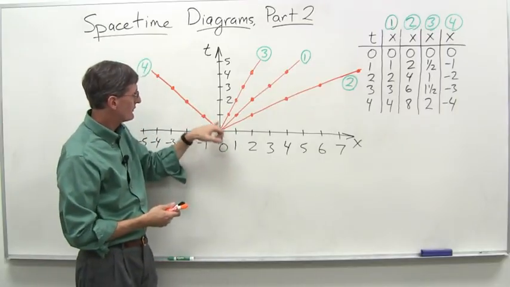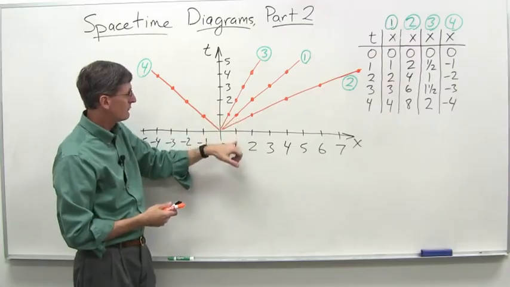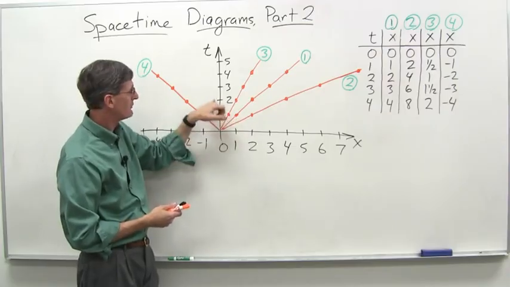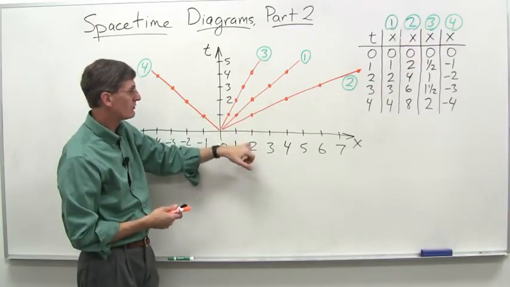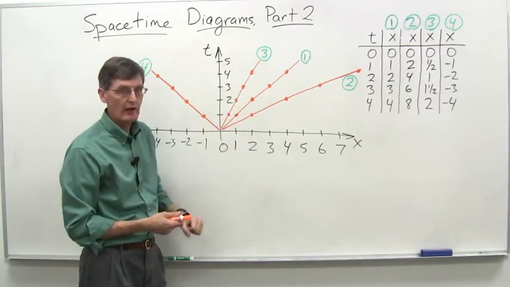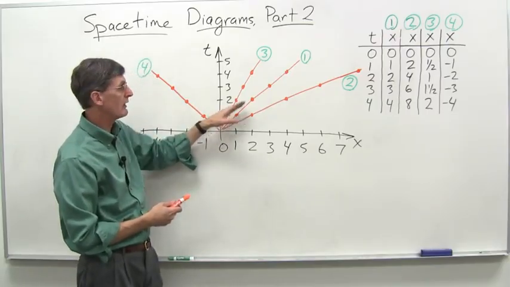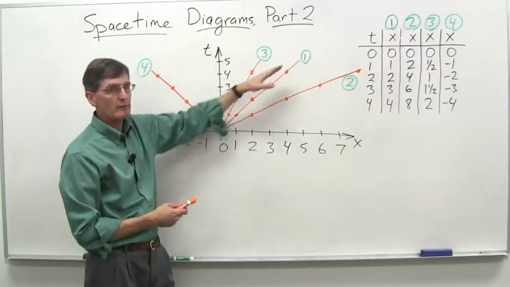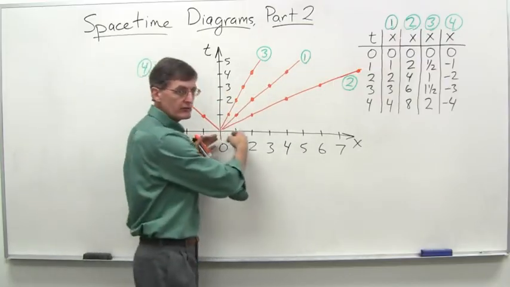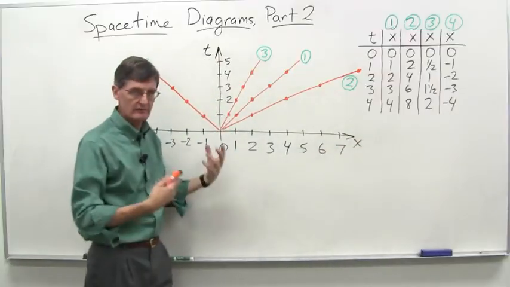And so at t equals 1, it's at position 1. At t equals 2, it's at position 2. At t equals 3, it's at position 3, and so on and so forth. So this is the world line for run number 1 of our spaceship as it's traveling along the x-axis.